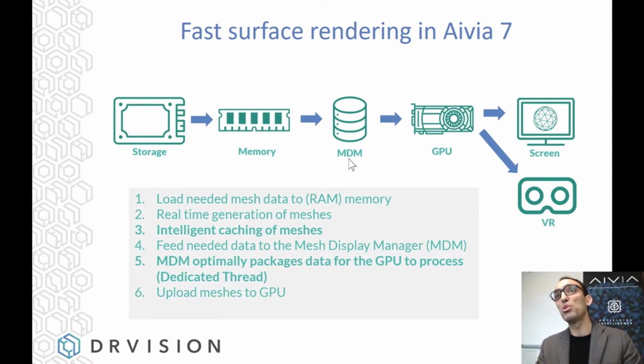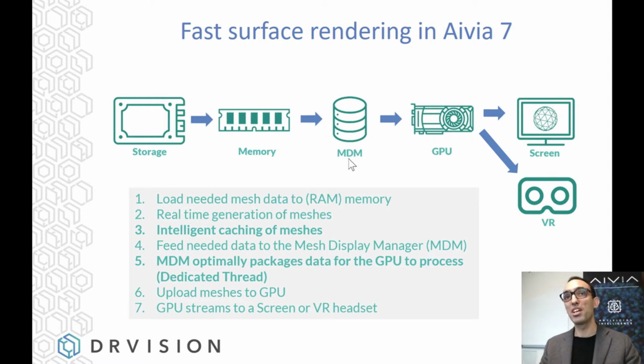After that, we upload those nicely packaged and organized meshes onto the GPU and let the GPU do its magic. GPUs are already highly optimized for this type of work. Then they will stream the information to a screen, a flat screen like on a laptop, or to a VR headset, which we also support, so you can do that from Aivia, either of them.